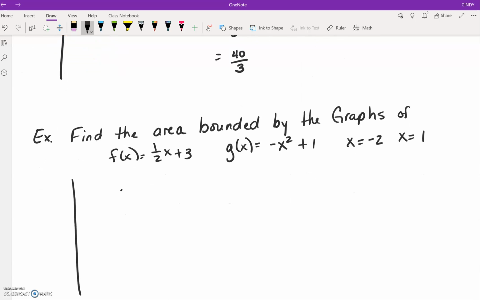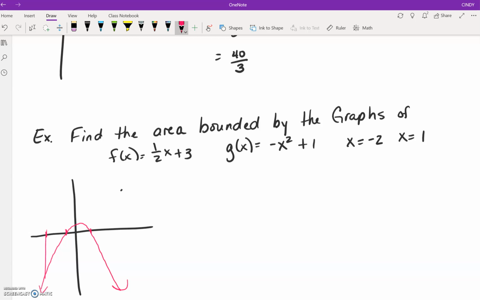Okay, let's graph this. The graph of this thing looks like this, sort of. Where this is 1, this is positive, -1, +1, and 2.